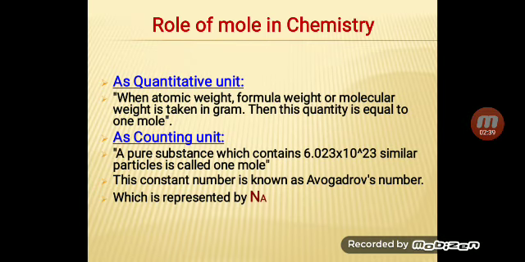Now role of mole in chemistry. It is very important, because anything if we take in chemistry for different kinds of practice and experiment, we take these in terms of mole.